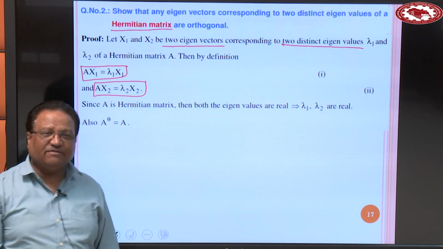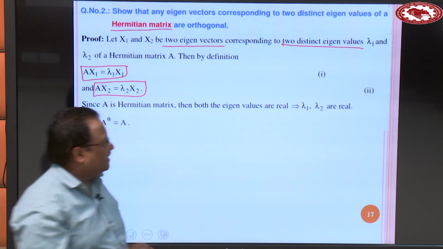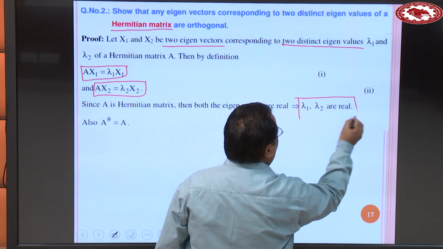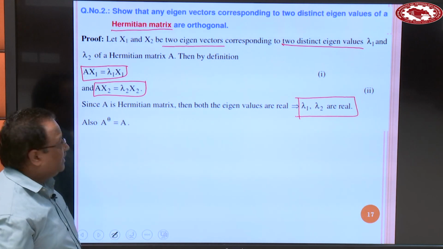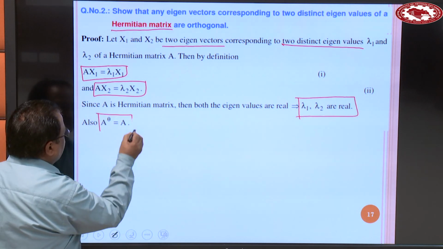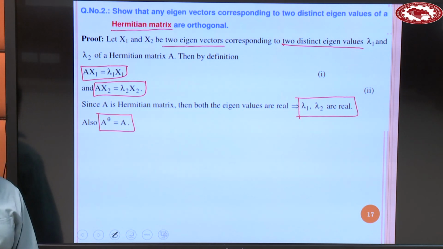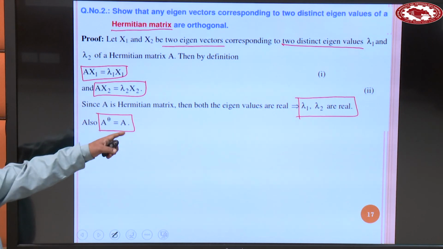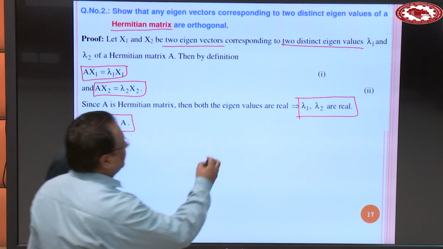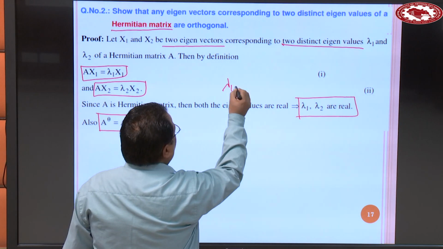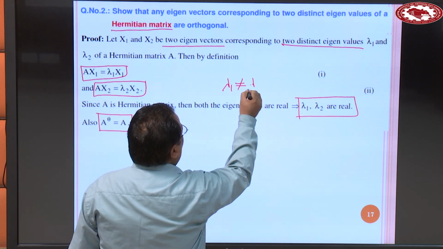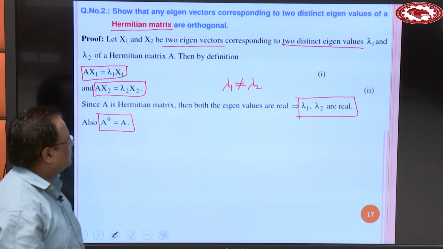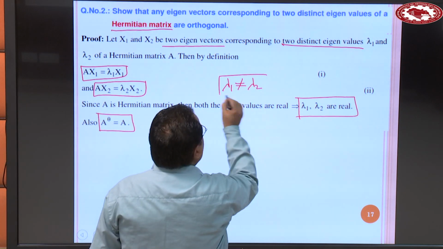And we know the eigenvalues of a Hermitian matrix are real. This means both are real. Clear? And A is Hermitian means these are the necessary and sufficient condition for a matrix to be Hermitian. So all these statements are given. And one more thing, lambda 1 is not equal to lambda 2. This statement is also given.